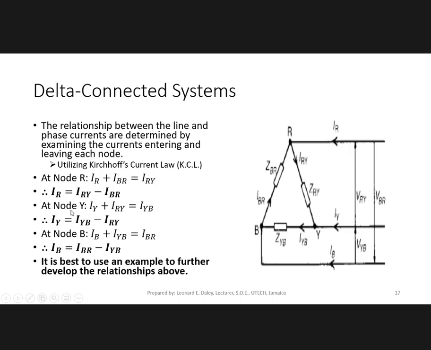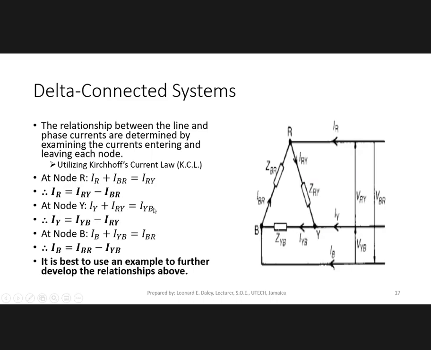And we can write similar equations for node Y and node B. So IY would be equal to, again, IYB minus IRY. So IY and IRY are entering into this node and IYB is leaving, right?